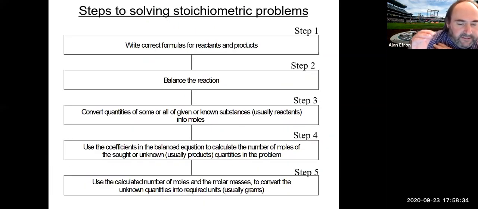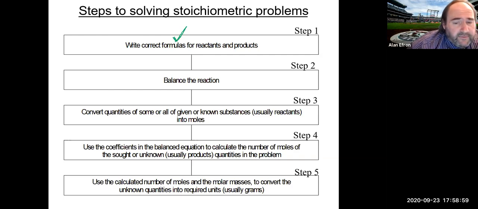Okay. So these are the steps that you could follow when you're doing a stoichiometry problem. And sometimes it's helpful to follow these steps step by step. Sometimes you may not have to do every step that's there. So for example, we want to write the correct formulas for the reactants and products. This would be a case where you're not given the equation, but you're given everything in words.